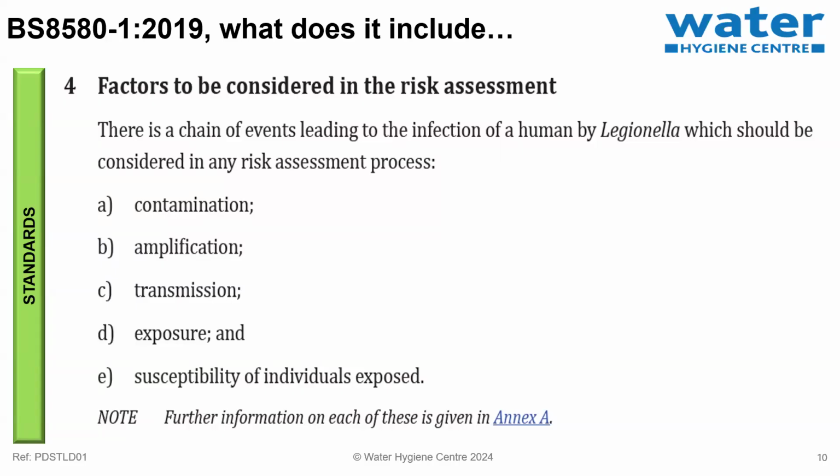Then we're going to look at the amplification, the growth of Legionella within the water system. We need somewhere warm to live with food, and the same is true with Legionella. Yeah, we want some food and some warmth in a house or a home. Then we're going to look at transmission. Water that contains Legionella is transmitted to a human through inhalation or aspiration. For example, we've got to breathe in that small droplet of water.